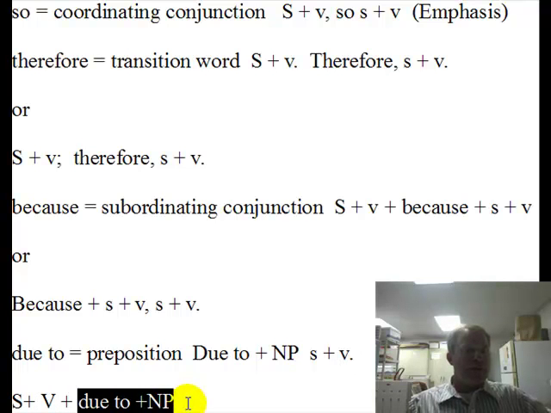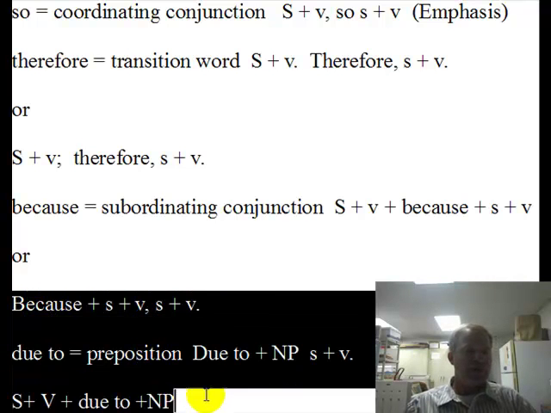Now, I think there are some similarities here. Due to and because are similar because they introduce ideas which are not the most important ideas. They don't create what's called the independent clause. They create either a dependent clause or they create a phrase.